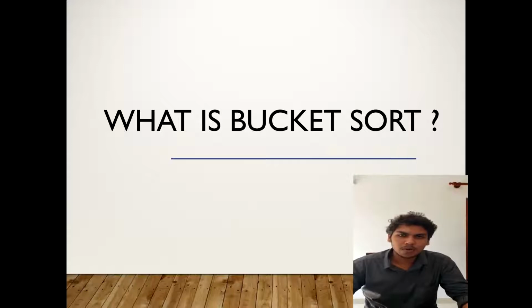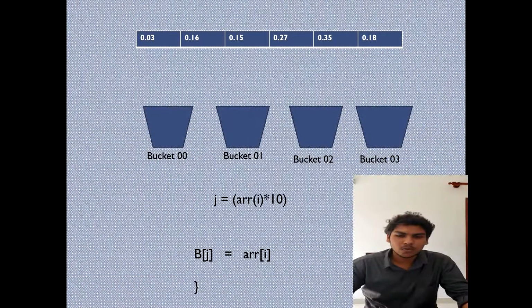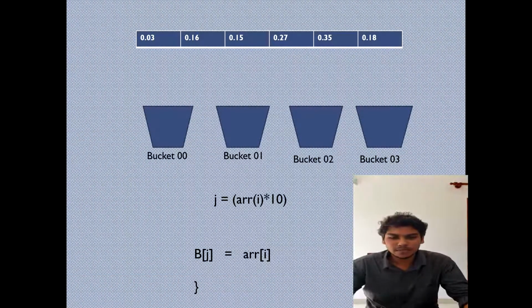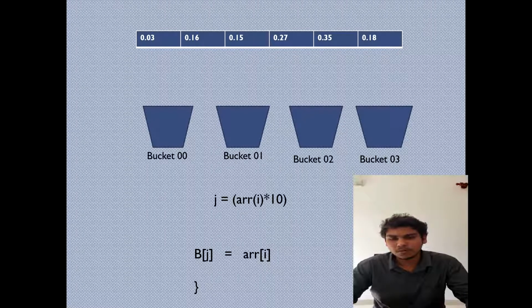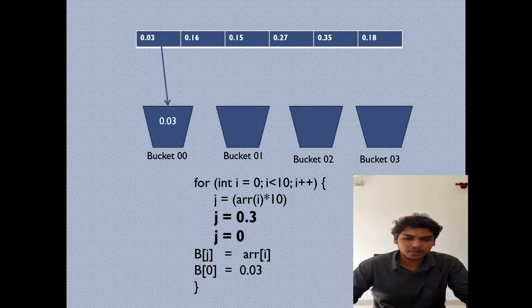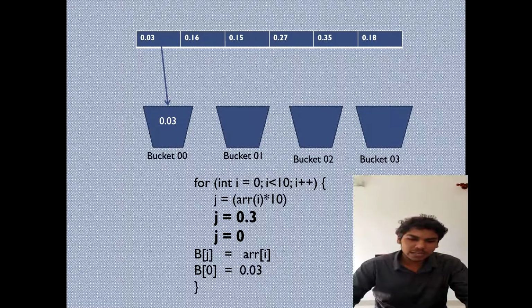So now let's see how the bucket sort algorithm works. If we take this input array, we'll see how it is sorted using bucket sort. The first element is 0.03, and if we multiply it by 10, we get 0.3. If we round it off, we get 0. So the first element goes to bucket number 0.